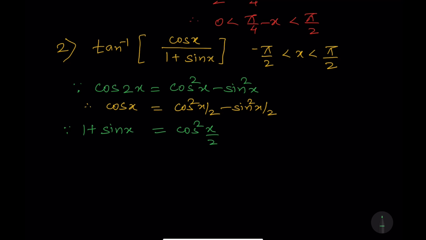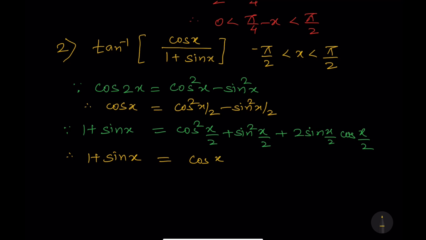When we replace 1 with the identity cos square (x by 2) plus sin square (x by 2), and sin x with 2 sin (x by 2) cos (x by 2), therefore 1 plus sin x is now a perfect square: (cos (x by 2) plus sin (x by 2)) whole square.